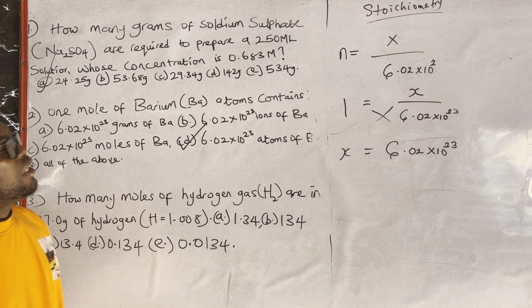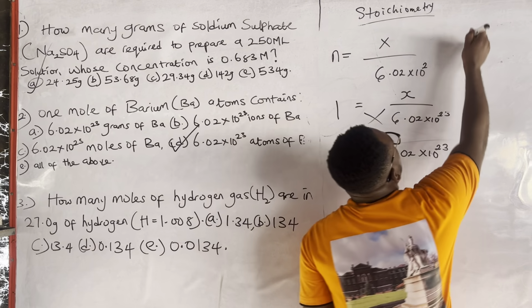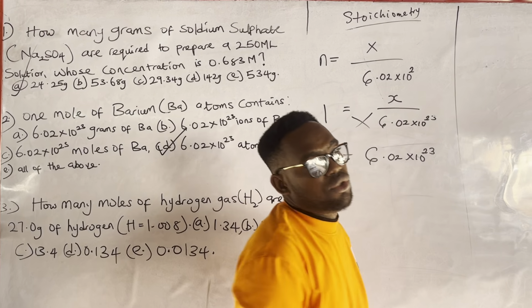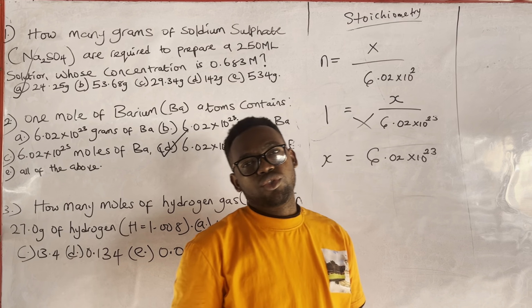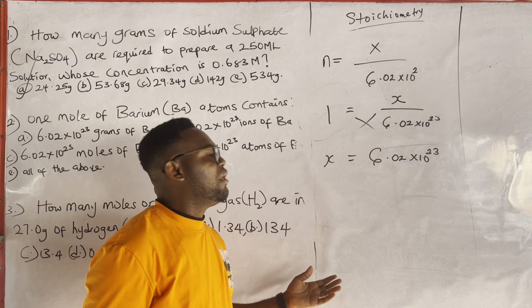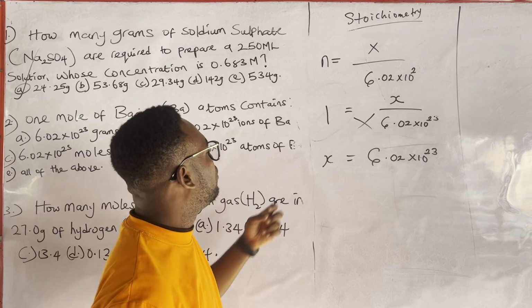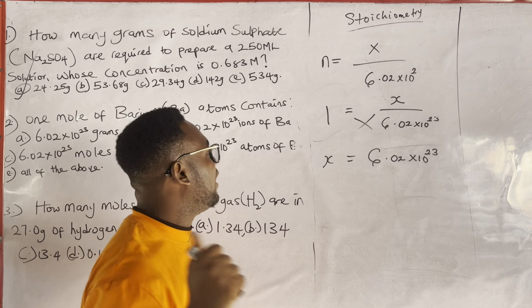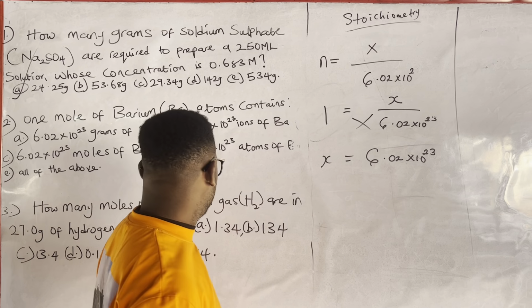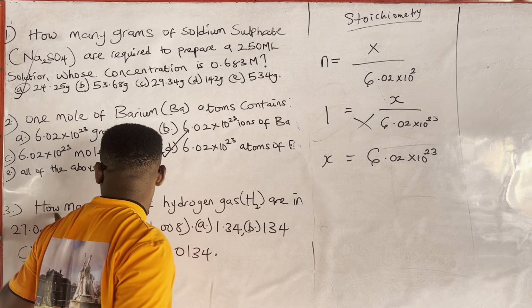Of course, if you have not watched the first video on stoichiometry, do wait to do so, because it laid the foundation for everything I'm solving here. The formulas I've been using to solve are right there in the first video. So do watch that. And now let's solve this.